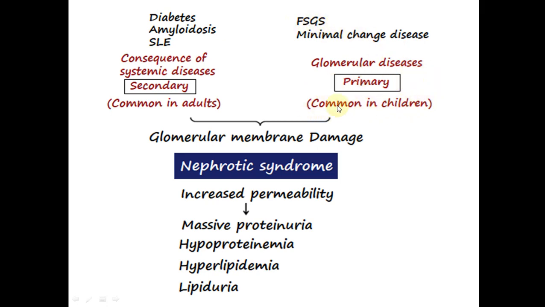These are the common causes of nephrotic syndrome in children, and they are primary because the problem lies in the kidney and in the glomerulus. And this type of nephrotic syndrome is commonly seen in children. So, whatsoever, the damage to the glomerular basement membrane and filtration barrier will lead to nephrotic syndrome with increased permeability for proteins, proteinuria, hypoproteinemia, hyperlipidemia, and lipiduria.